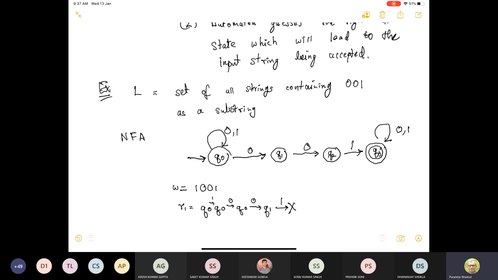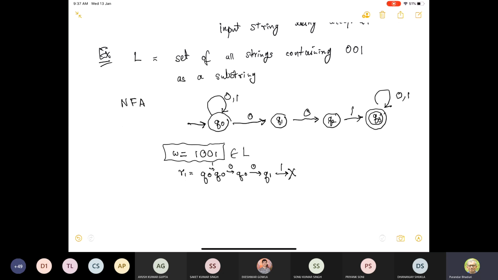But that's okay. And it dies out even though the string is in the language. I mean, this string is very much in L. But we know that there is a correct choice which will lead to acceptance. So that is what we mean by acceptance in the case of NFA.